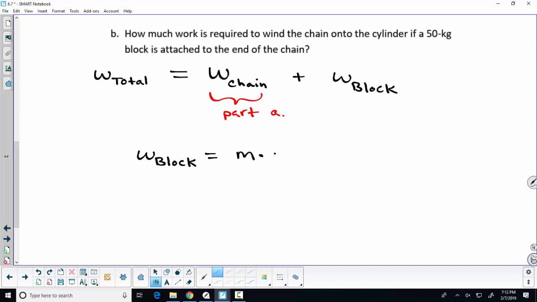mass. What did you say? Mass times gravity. No, and then you broke down mass, right? Right. So density times length. Is that what you said? So how exactly would that look?